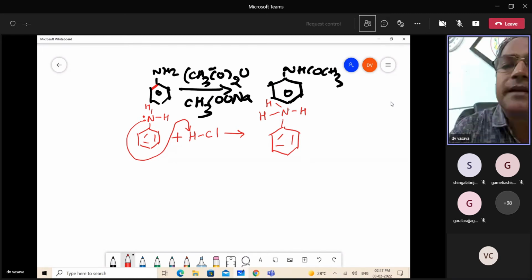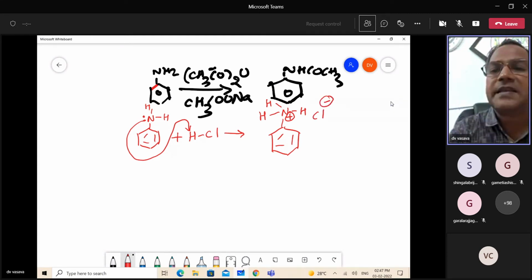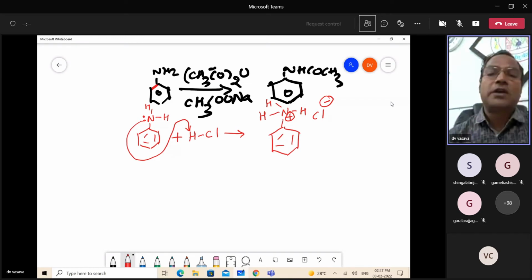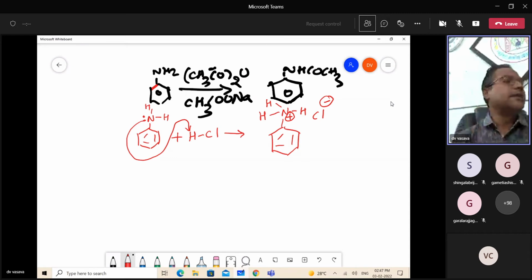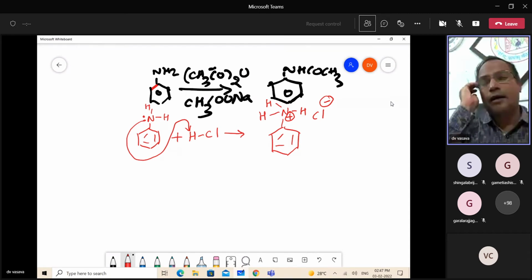So now actually the valency of nitrogen is 3. Now here it is 4. So this is positively charged, and Cl minus is there. So it is the anilinium salt. This is required to increase the solubility of aniline.